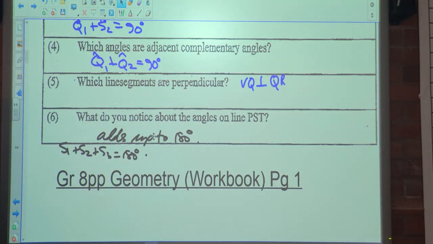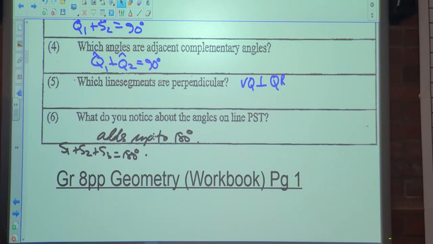Okay. Anybody else? As I said, there's no specification made. Okay. Anything else?